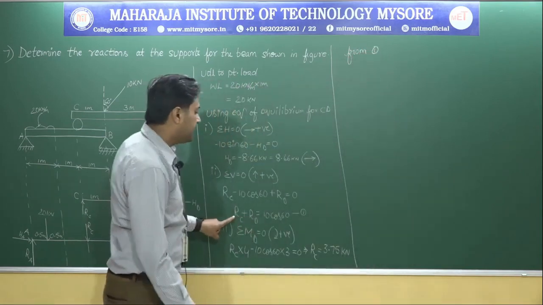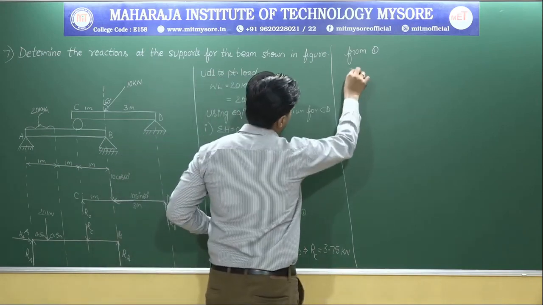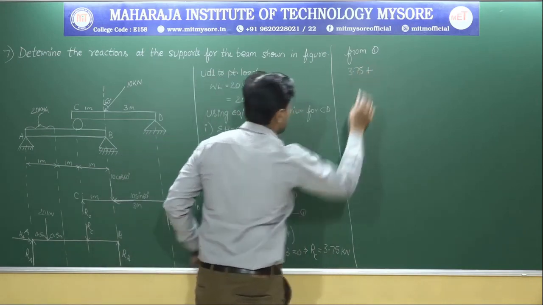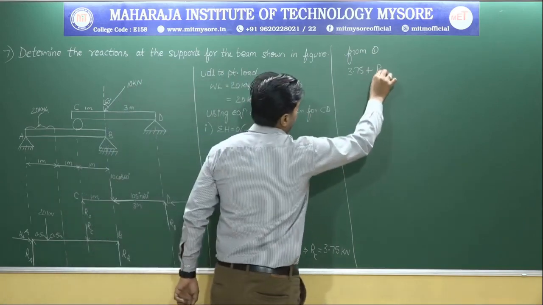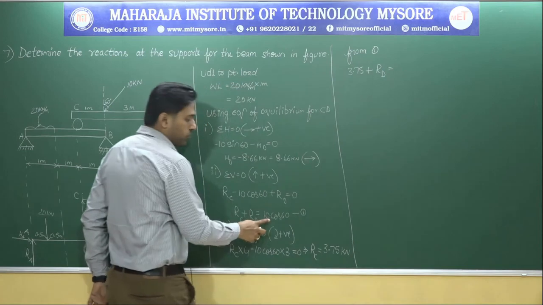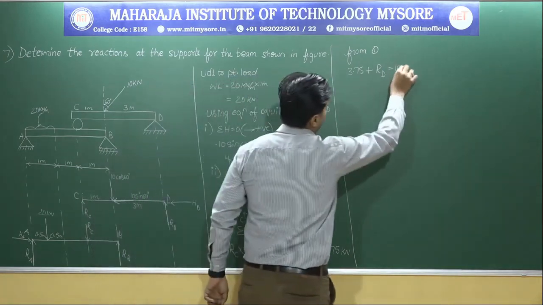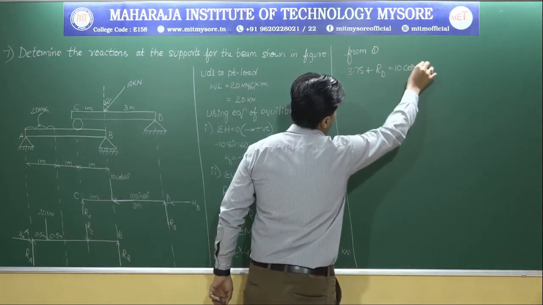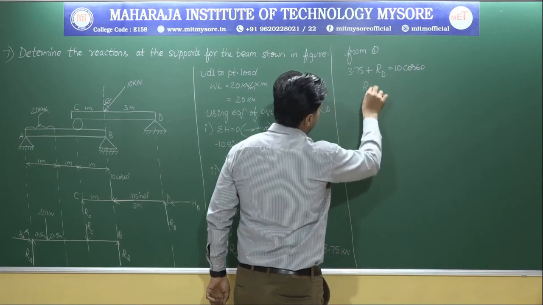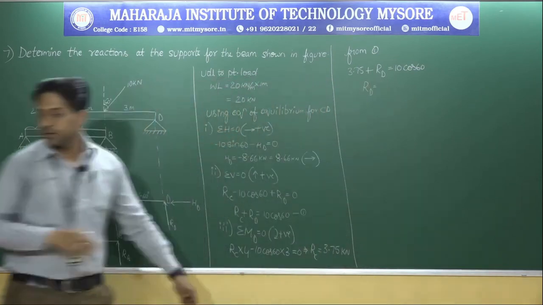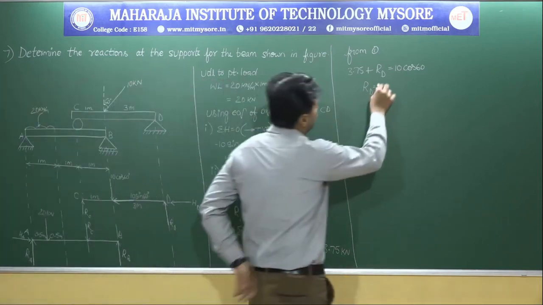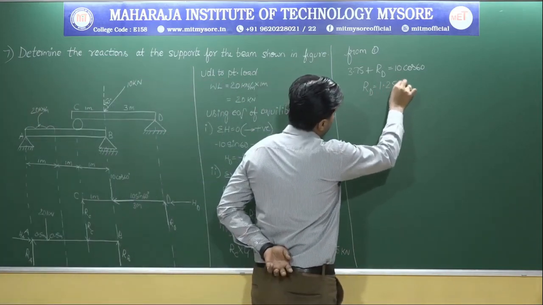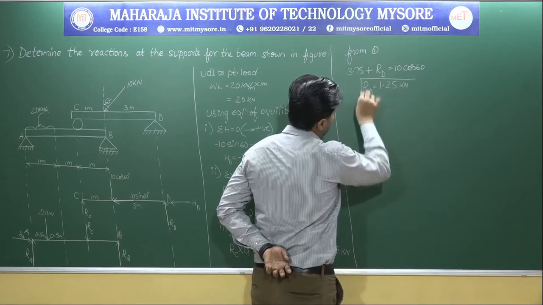Observe here, RC value I know, it's 3.75 plus RD, that only I need to calculate, is equal to 10 cos 60. So the value of RD is 1.25 kilonewton.